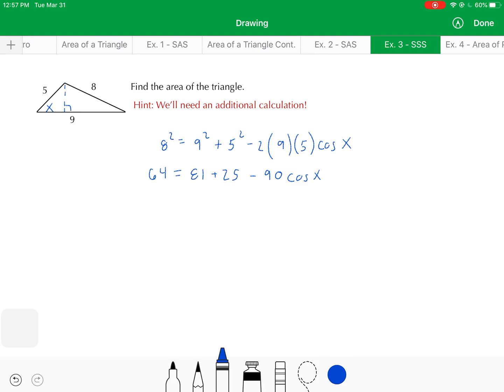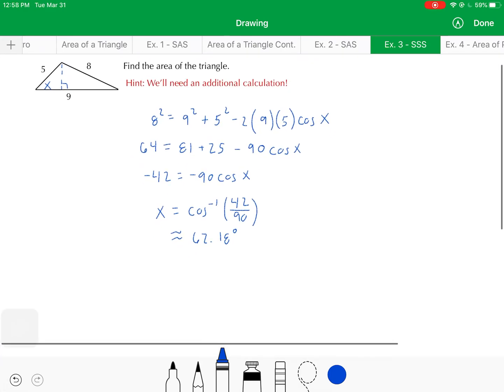Subtract the 81 and the 25 over, you'll end up with negative 42 equals negative 90 times the cosine of angle X, and X would equal inverse cosine of 42 over 90, which is 62.18 degrees.